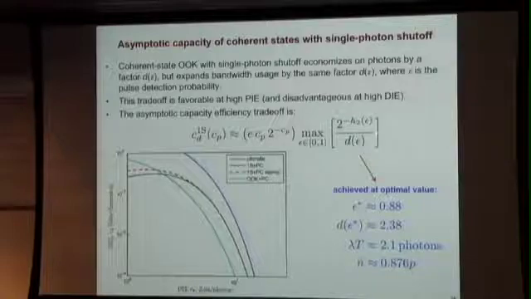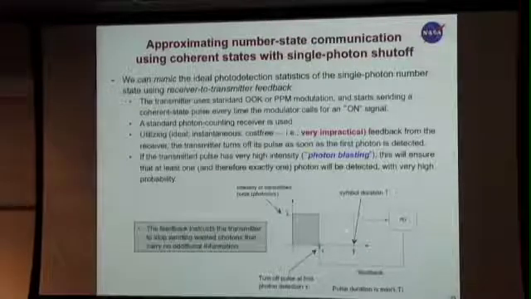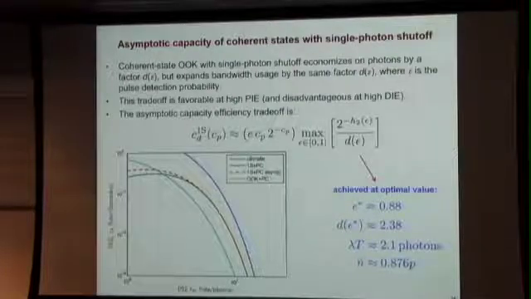But this time, the constant factor depends on how many photons you put in the pulse that you might have been erasing. So if you had transmitted for the whole symbol period, epsilon is the probability that you would have seen something. That actually turns out to be something you should optimize over. You don't want that to be 1. You want it to be, in this case, 0.88.